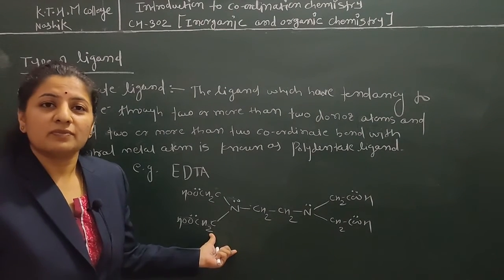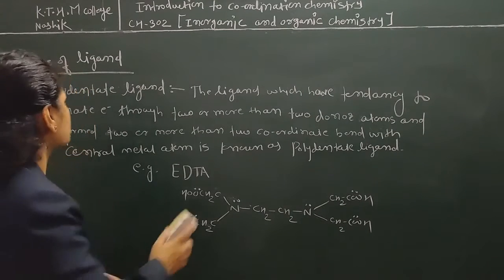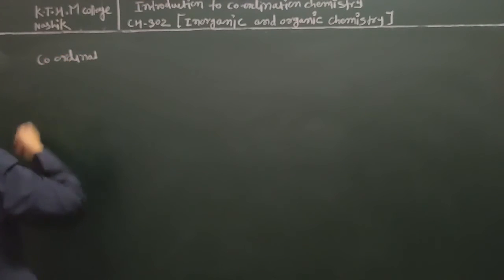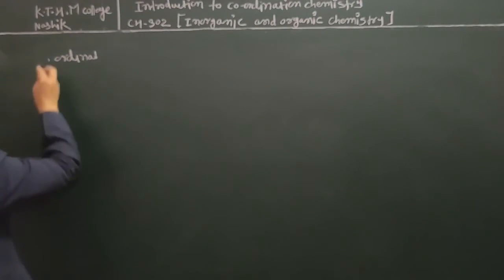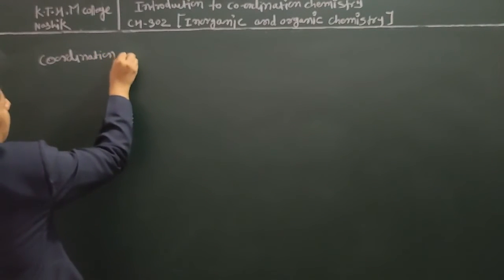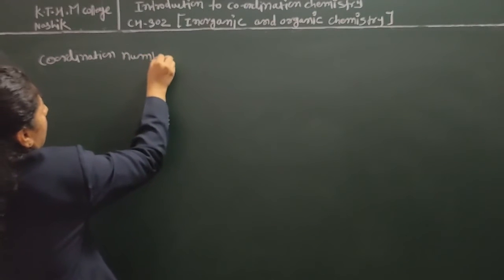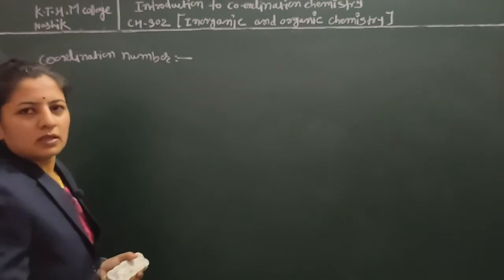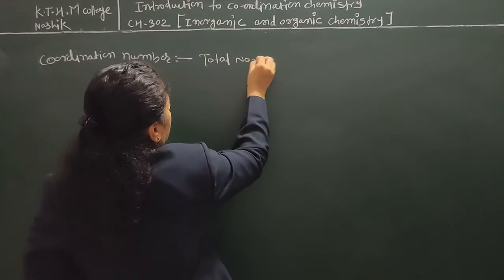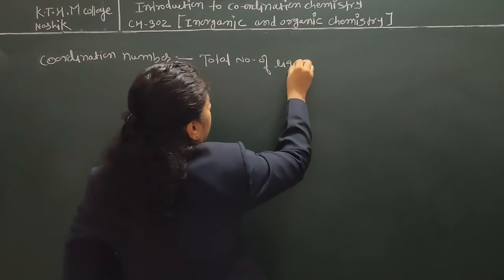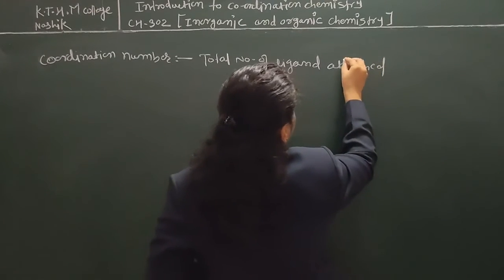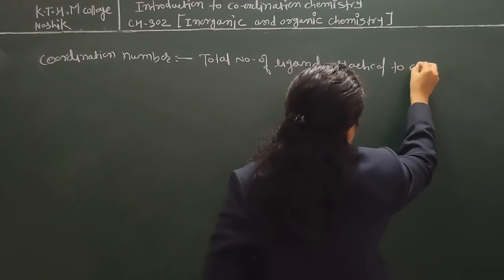Now let's discuss what is meant by the coordination number. Coordination number is nothing but the number of ligands attached to the central metal atom. So the coordination number is the total number of ligands attached or coordinated to the central metal ion.